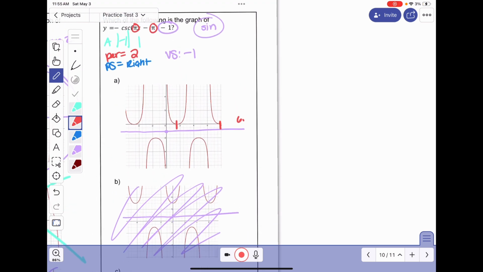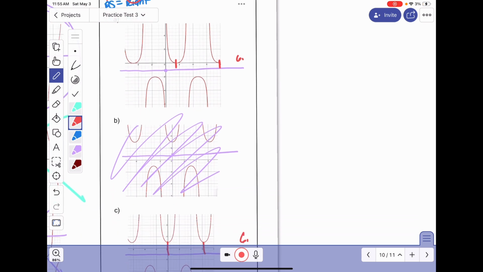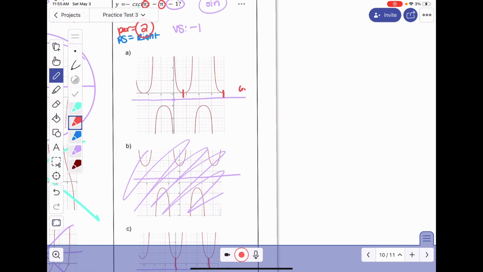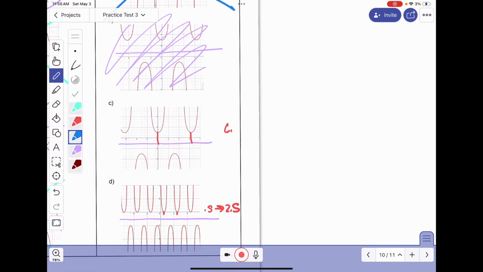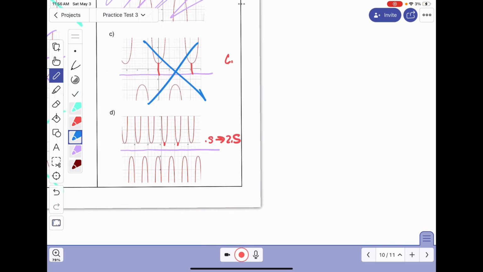Our period's 2. So that's too far, right? If we were going 2, it would be from just in front of the 2 to just in front of the 4. That's too big of a period. Same thing, that's too big of a period, so this is the one that's left.